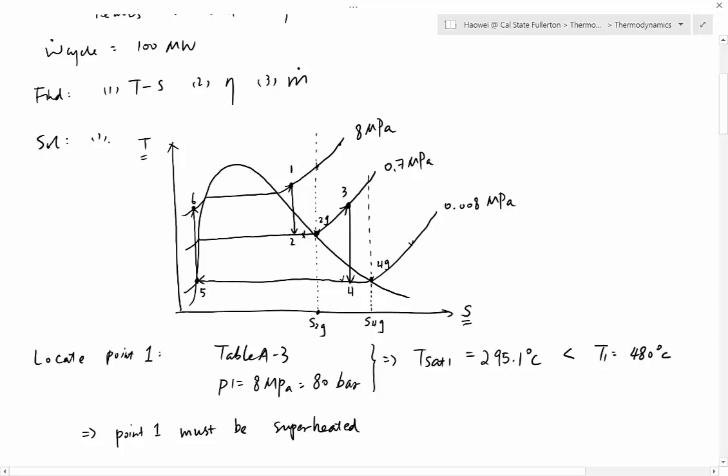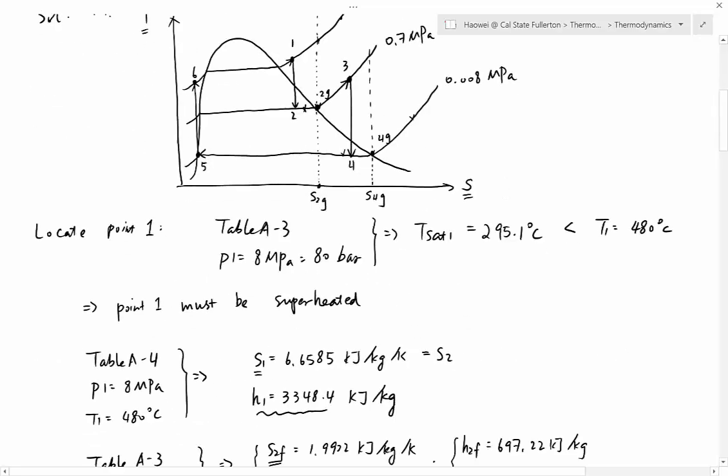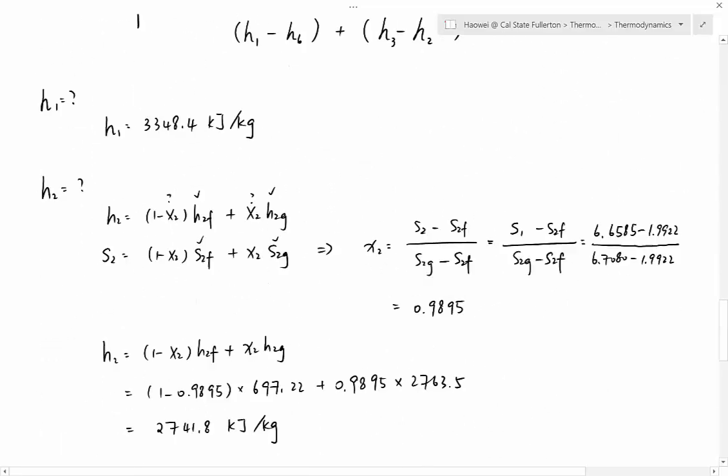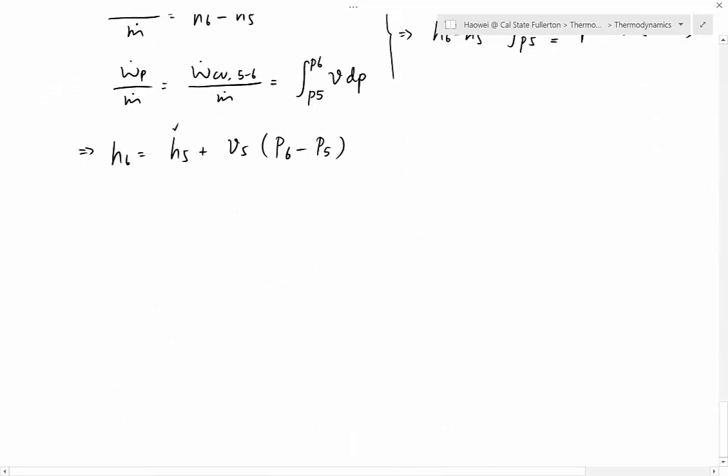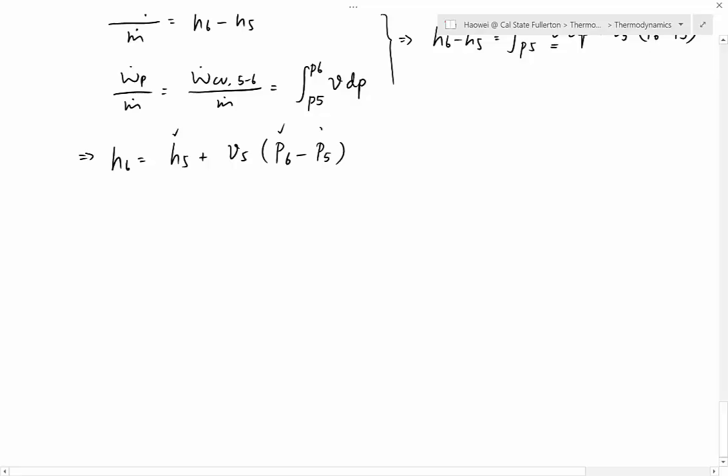So P5 is just 0.008 megapascal. So I do have P5 and P6, and the only thing I don't have at this moment is nu5. But like we said before, this one is very easy to find because you're just looking for nu F.